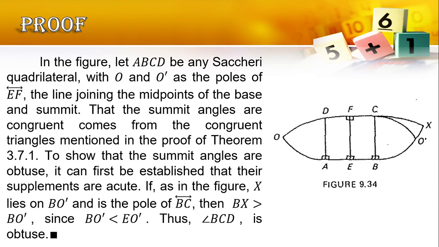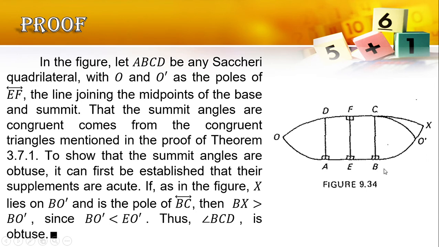If, as in the figure, X lies on line BO prime, if you extend line BO prime, you can have X here. X is the pole of line segment BC. So this is the polar of X.